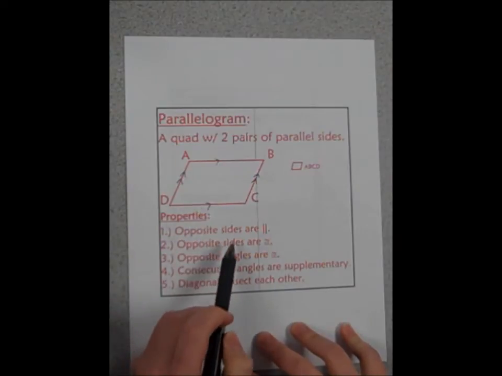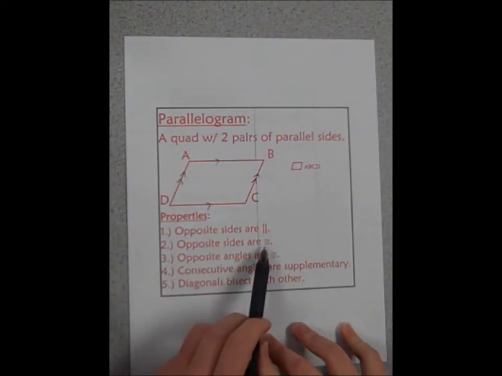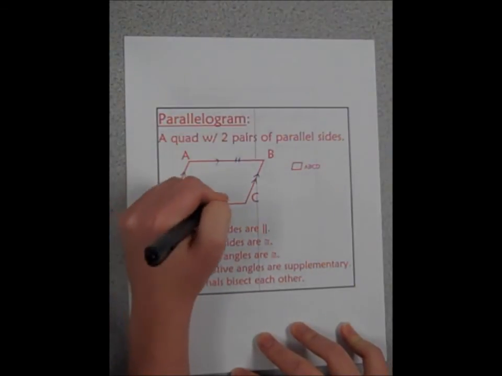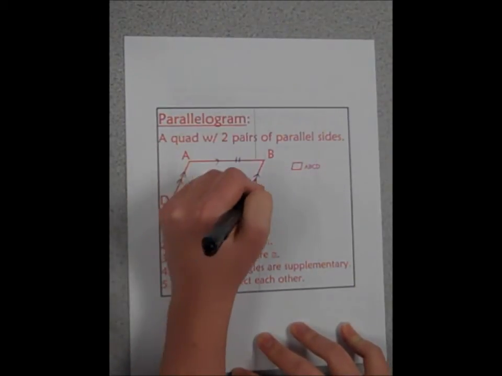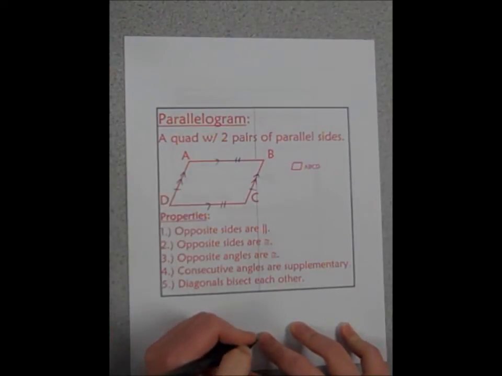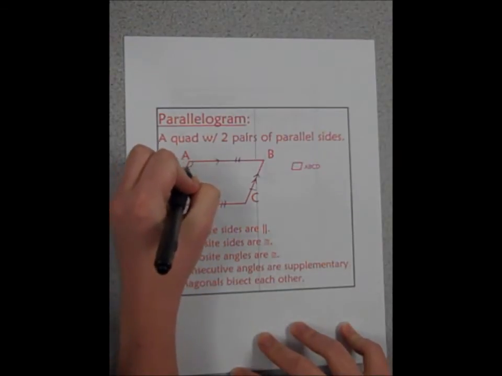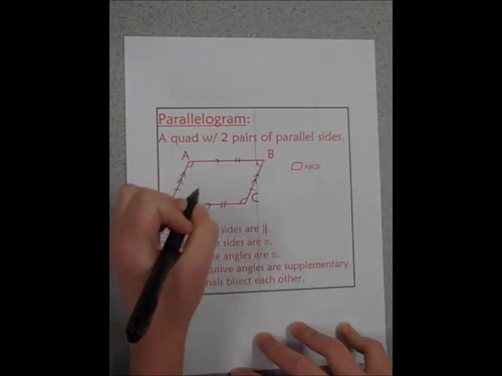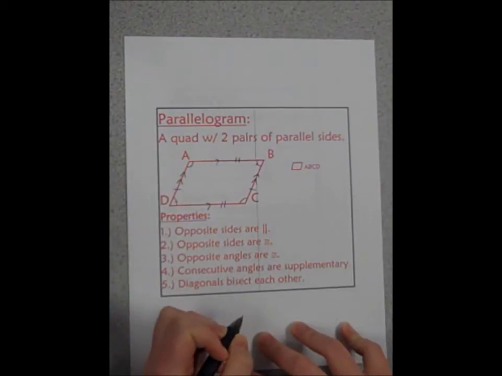In addition to the opposite sides being parallel, they're also going to be congruent, so we can mark that as well. AB is congruent to CD, and BC is congruent to AD. Also, opposite angles are going to be congruent, so angle A is going to be congruent to angle C, and angle B is going to be congruent to angle D.